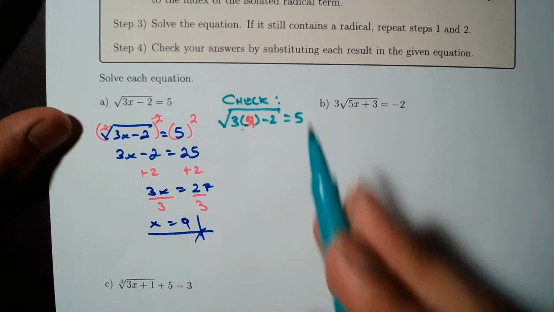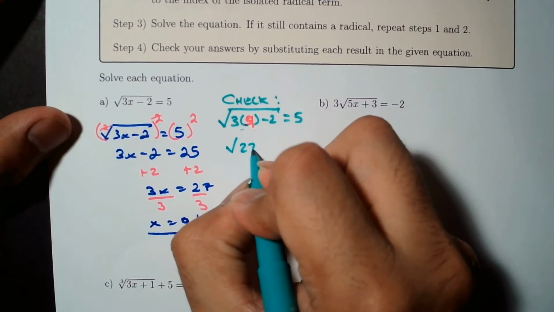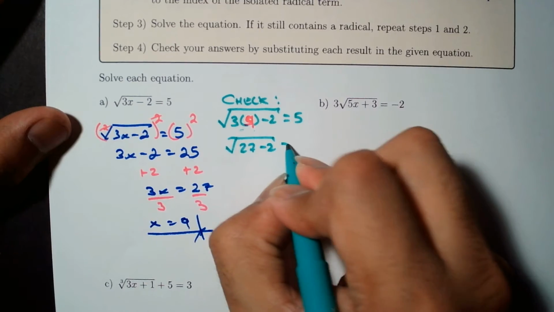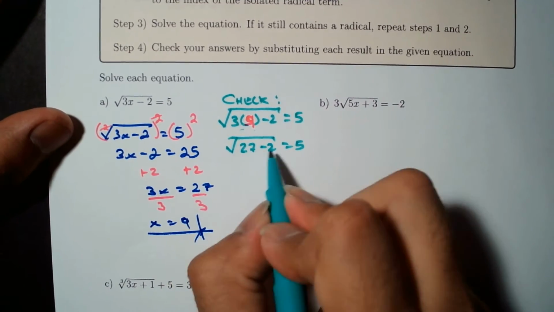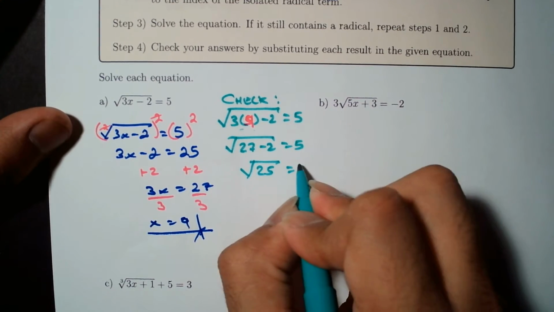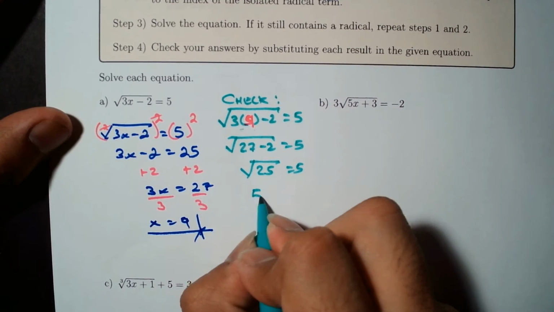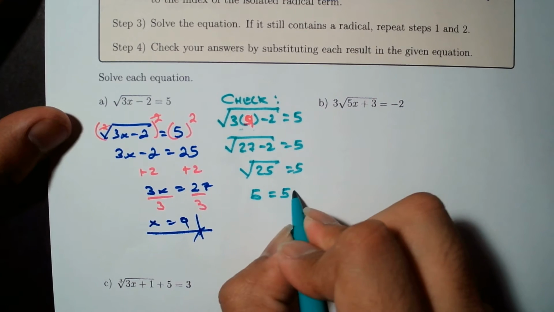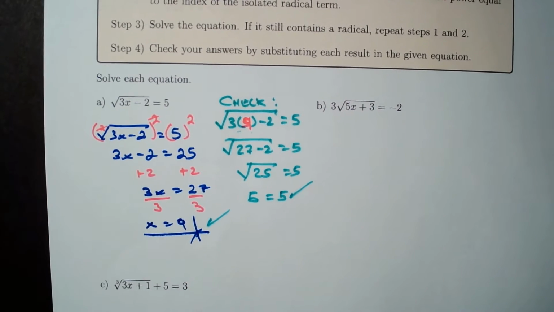That's 3 times 9, which is 27, minus 2. Inside, 27 minus 2 is 25, so it's the square root of 25. The square root of 25 is 5, and 5 equals 5. Therefore, this is an okay solution.